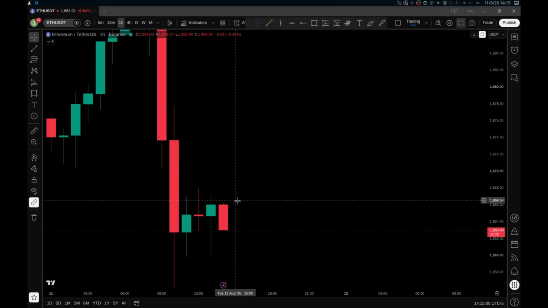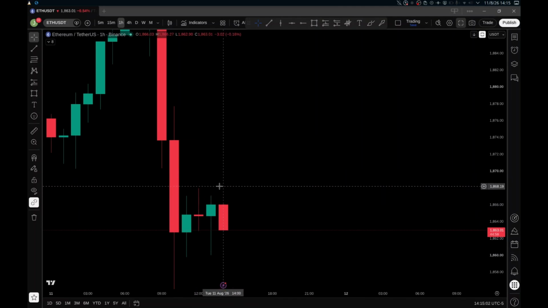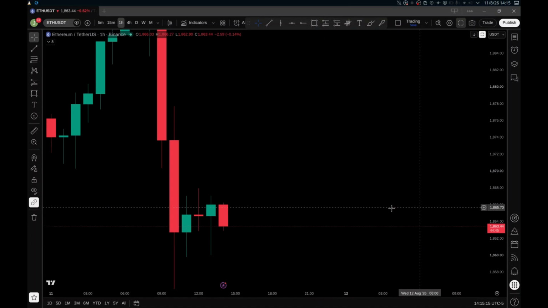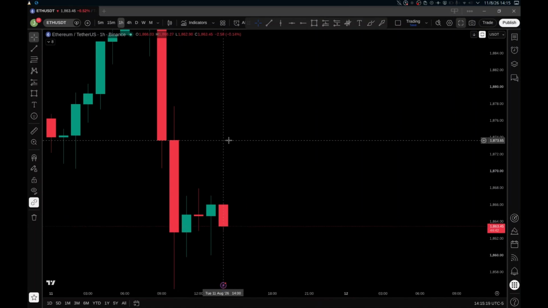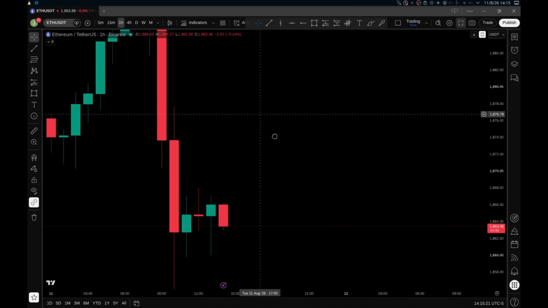The highest was around here, 1,866, lowest 1,862, and the close is gonna change because it's still not closing. For the moment, it's gonna use the current price as the close. That's why the close is constantly changing.